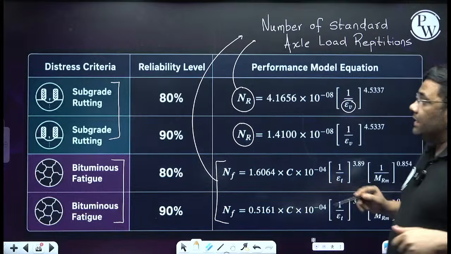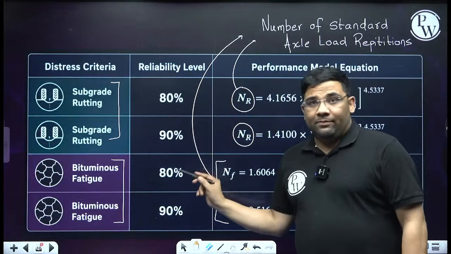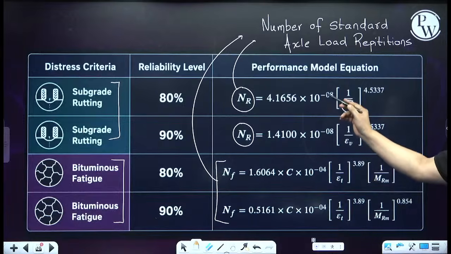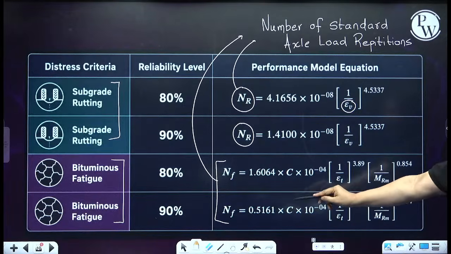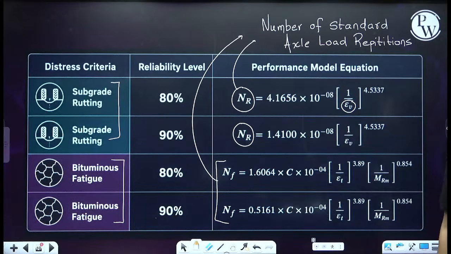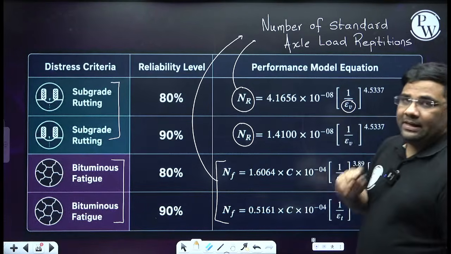Now I have framed a small question on this and we'll solve it. But before that, based on the reliability level, the equations are slightly different, the coefficients are different. So how to choose the reliability level?